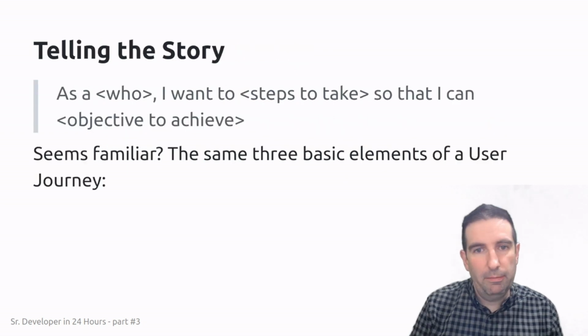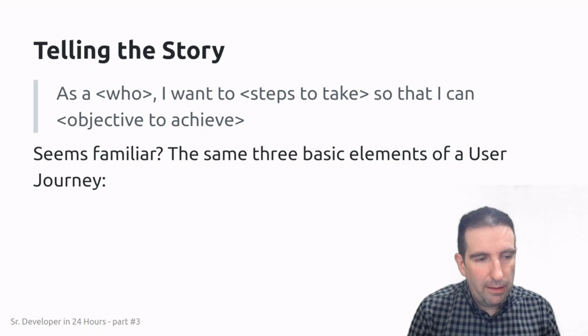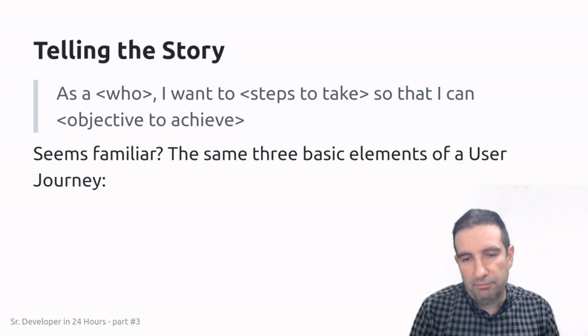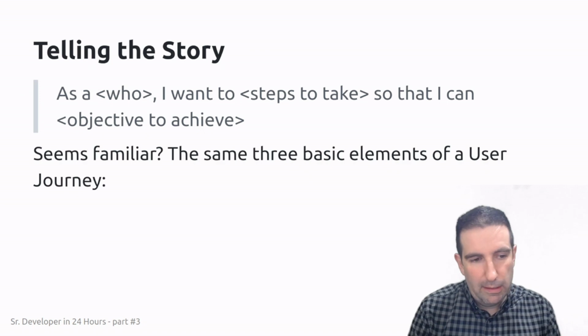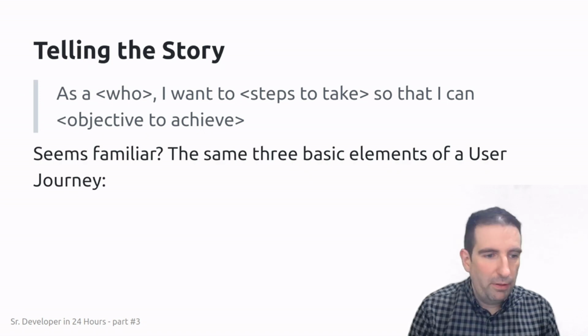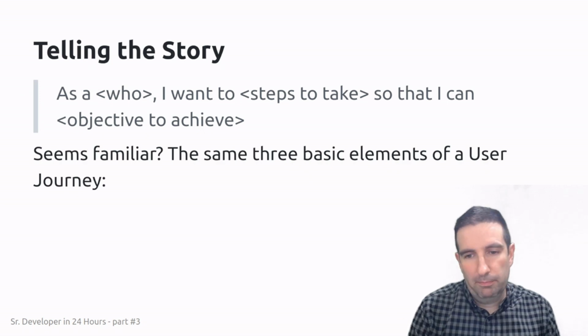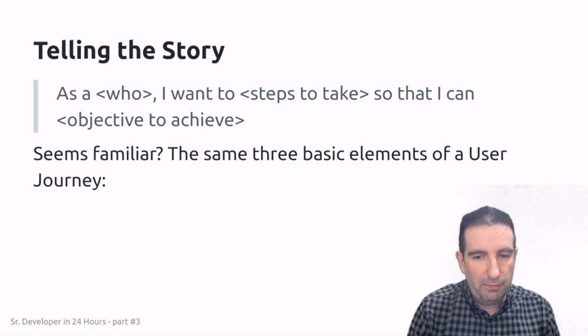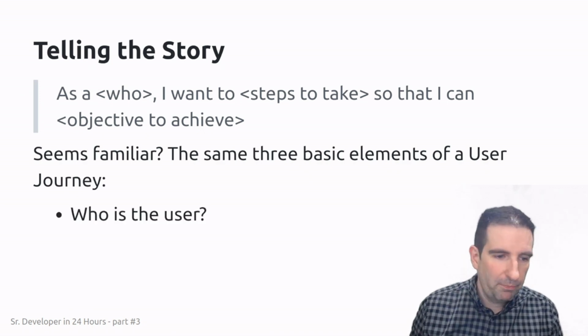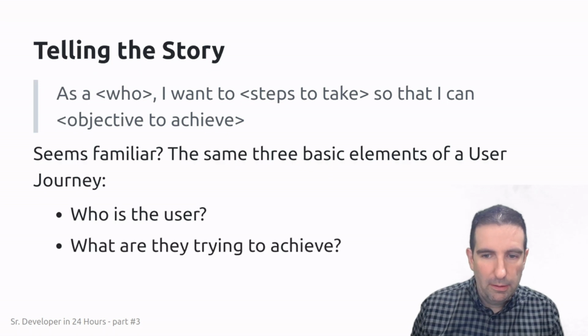Let's keep in mind that whenever we're creating tickets, we're trying to tell a story. As a user, I want to be able to take some set of steps so that I can achieve a particular objective. If this seems familiar, well, it is basically the same 3 basic elements of the user journey. Who is the user?